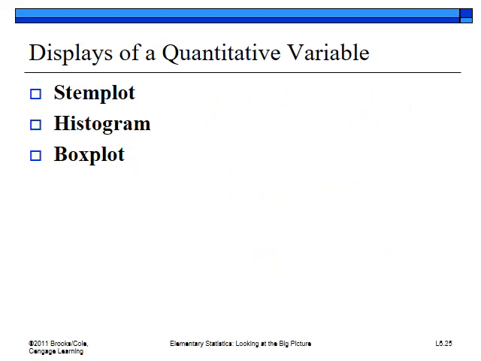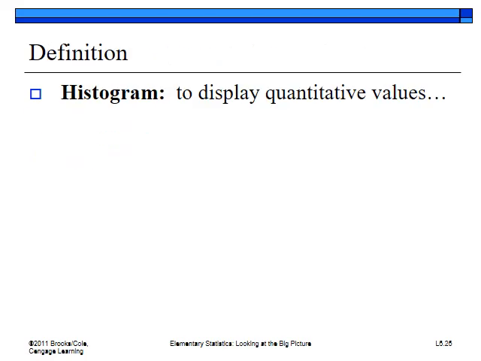All right, it's time to go back and now look at the second method of displaying a quantitative variable, the histogram. In order to create a histogram, what we do is we take our quantitative variable and we turn it into a categorical variable and then create a bar chart.